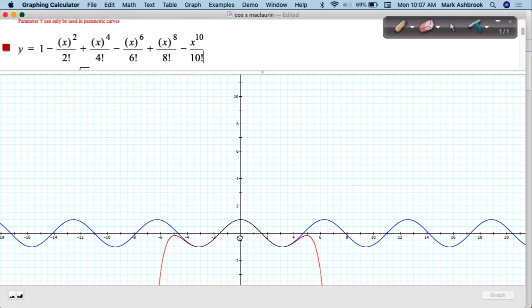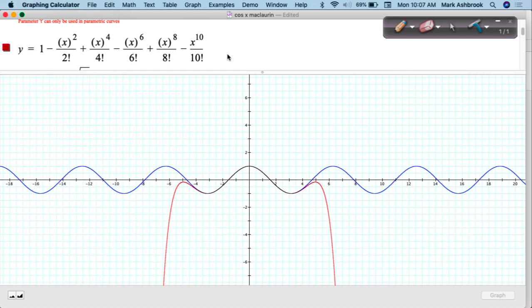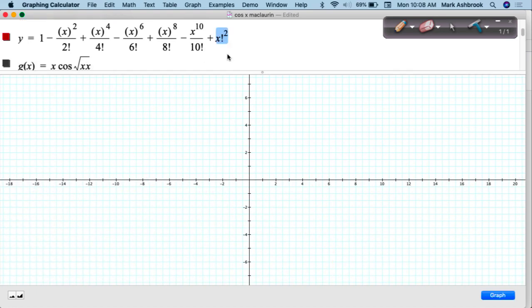Let's do here. I'm going to put a bunch more here, as fast as I can.